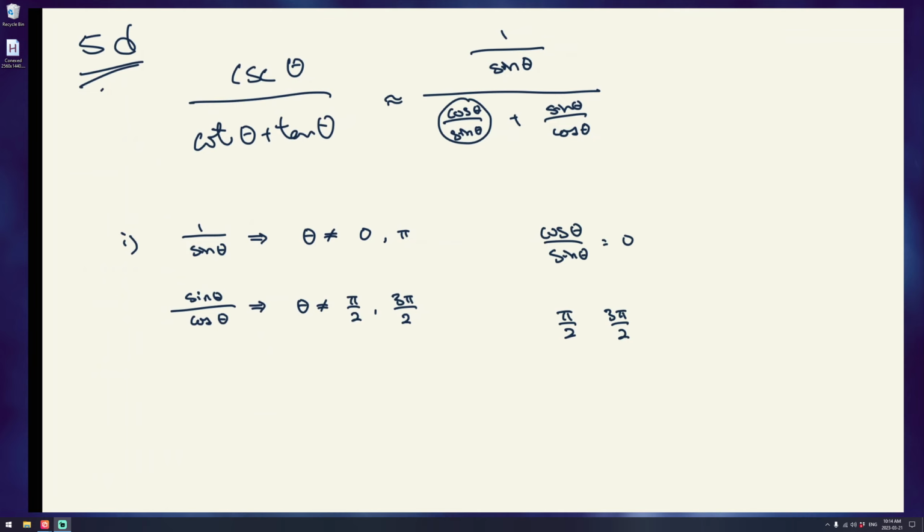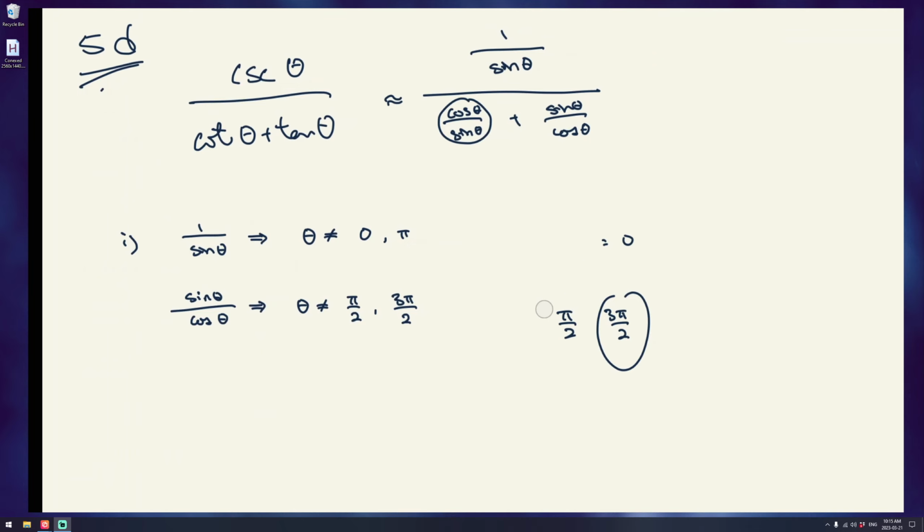So if I plugged tan of theta in for theta equal to pi over 2, let's see what happens. Oh no, we can't even do that. These two values cannot even go into cosine. We can't even test for tan because you're already dividing by 0.